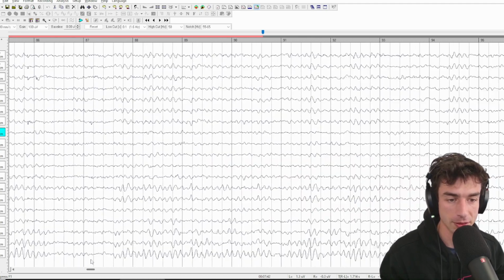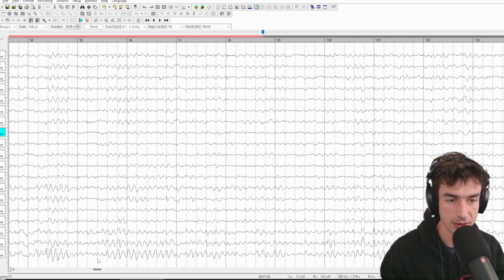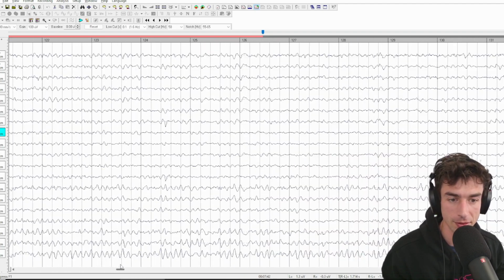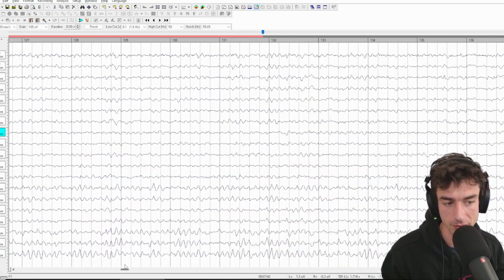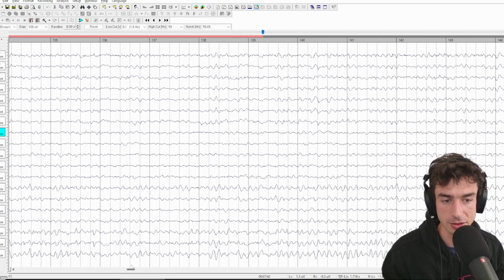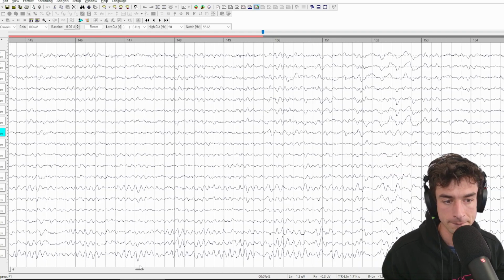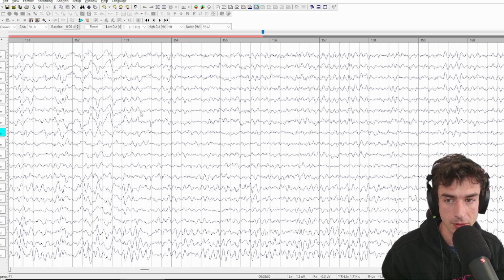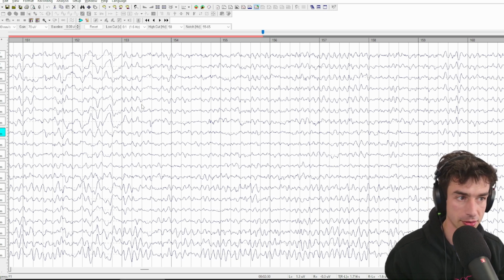So we didn't see quite as many features of interest in this condition. So I'll probably only pick 3 fragments to screenshot. This is one of the rare instances of frontal slowing.